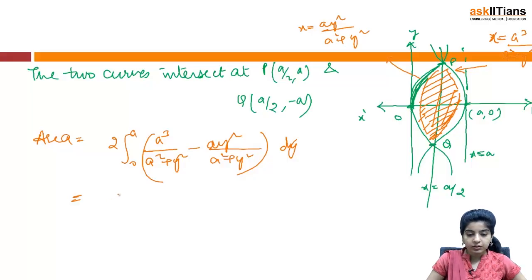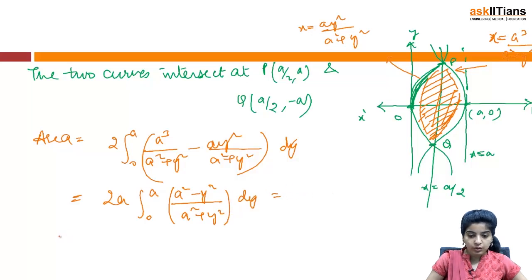And you can take a common, it becomes a square minus y square by a square plus y square, dy. So this becomes 2a, and then you have twice the integral from 0 to a of a square by a square plus y square dy minus the integral from 0 to a of dy.